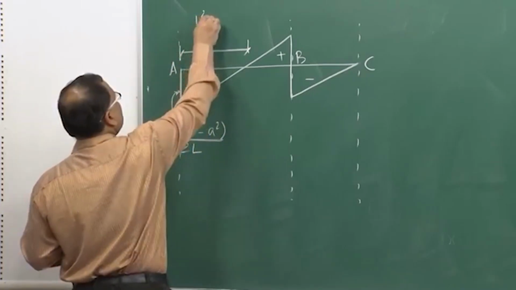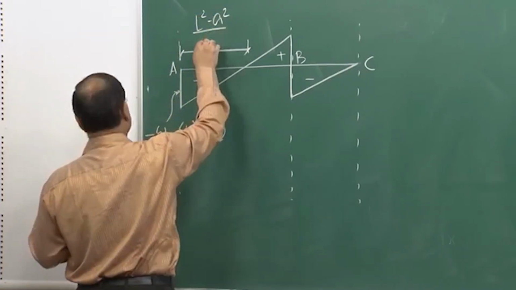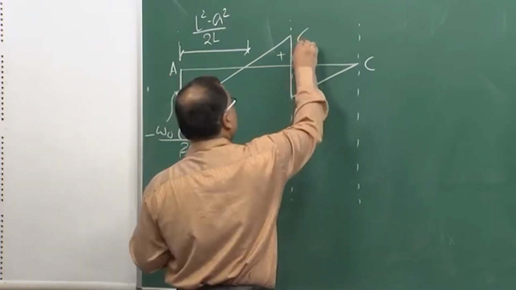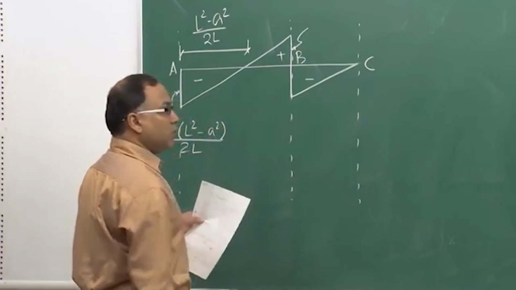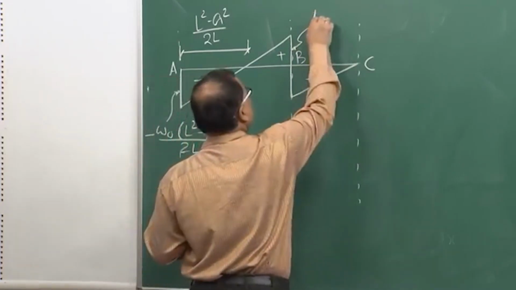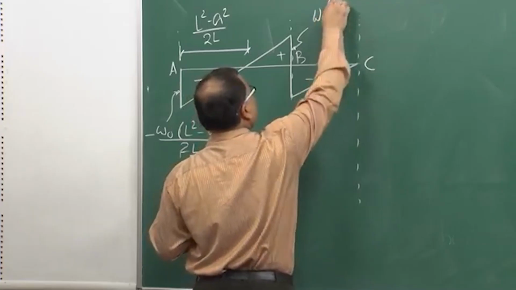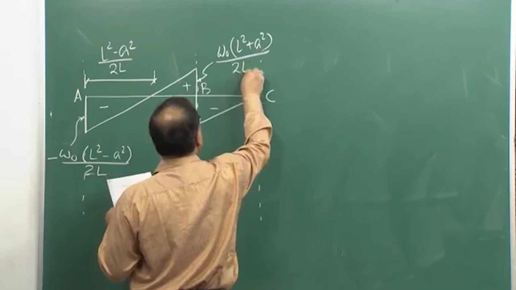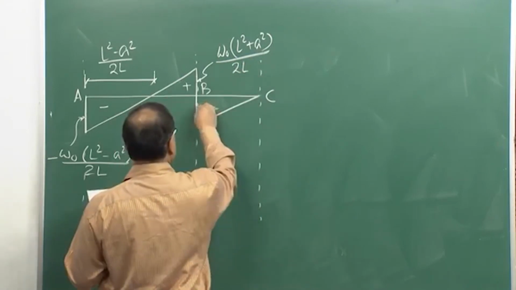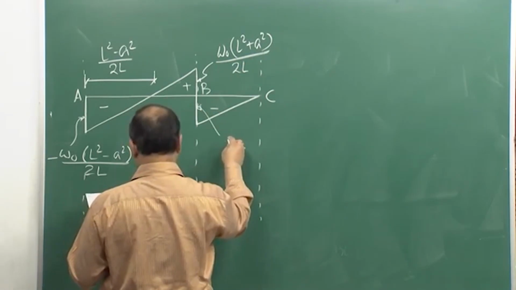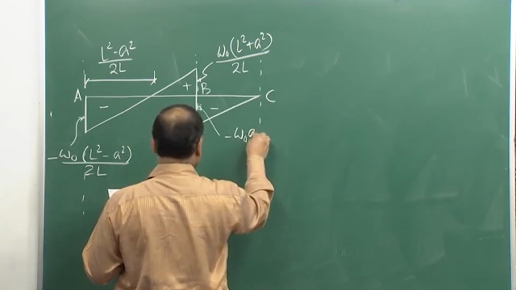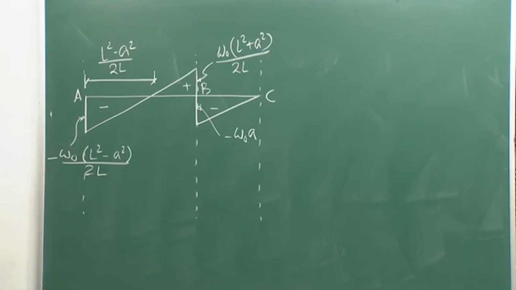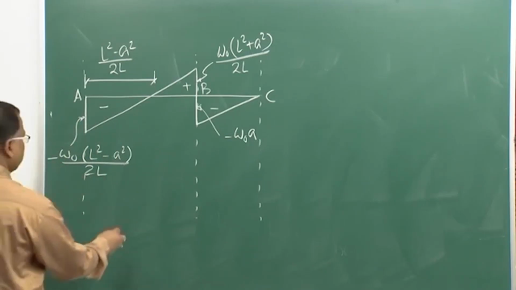If you look back at the solution, this part we calculated for section 1-1, it was W naught (L square plus A square) by twice L, and this part will be coming from section 2-2, that was minus W naught into A. So, this is your typical shear force diagram.